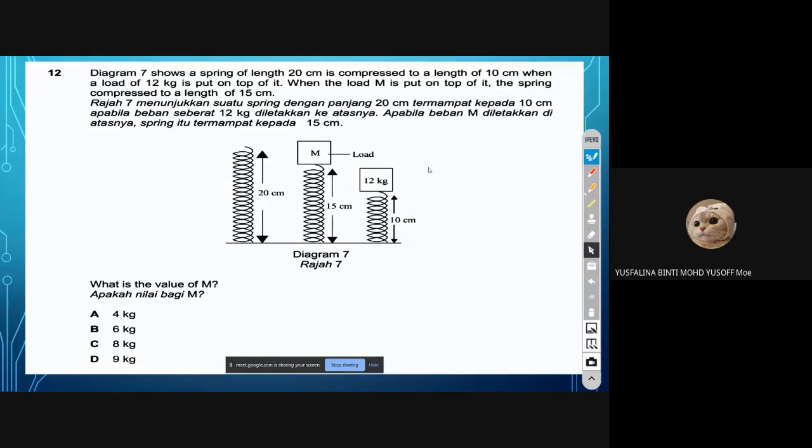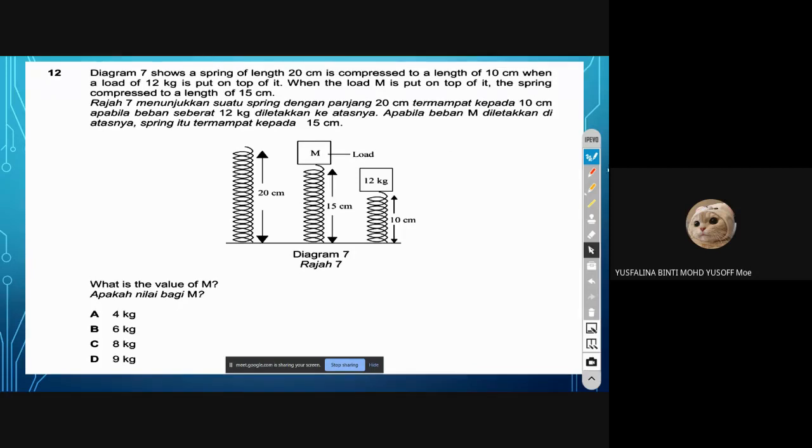You can use two ways. You can use the ratio: if you put 12 kg, it compresses to 10 cm, so what is M if the compression is 5 cm?